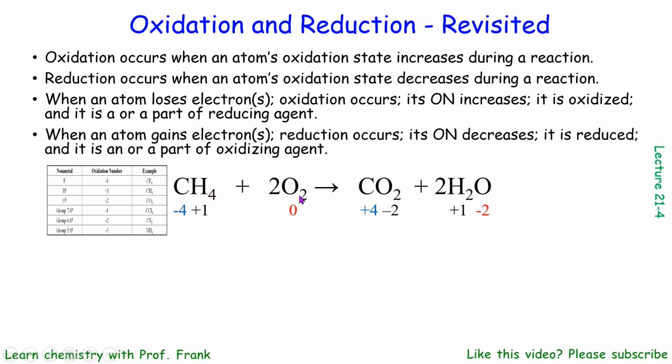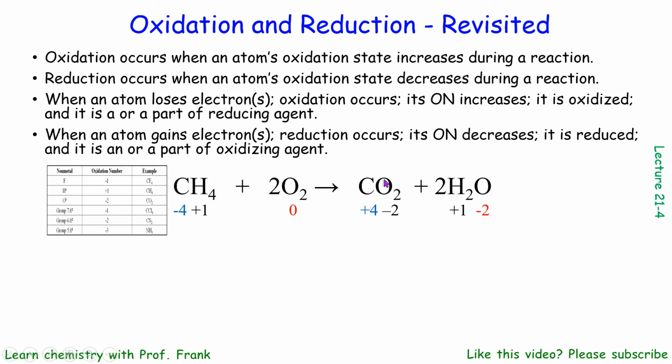Oxygen, that's a molecular element. So the oxidation number should be 0. It's not combined with anything. Except in hydrogen peroxide, oxide should always have an oxidation number of negative 2. Since there are 2 oxide here, the total oxidation number for oxide should be negative 4.